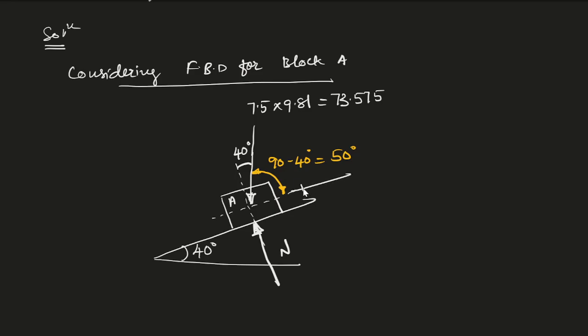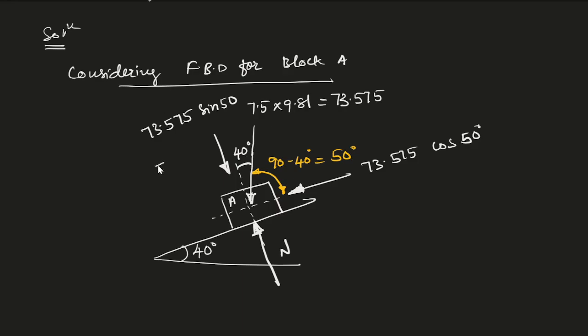One is the horizontal component, 73.575 cos 50, with respect to the x axis. We have one more component of weight acting downward, that is 73.575 sin 50. So we have resolved the weight into two components.